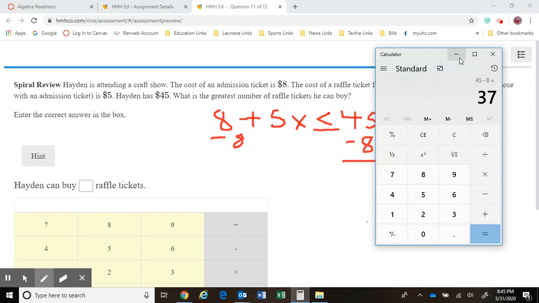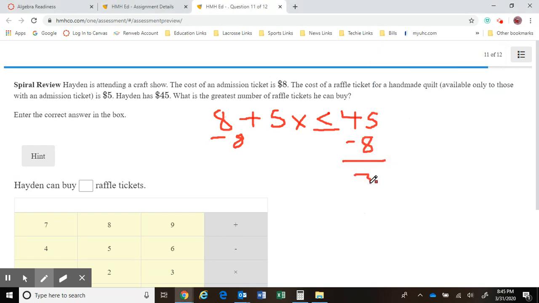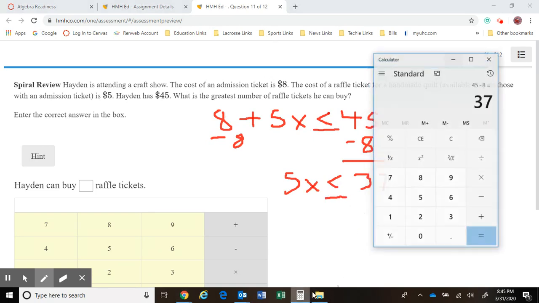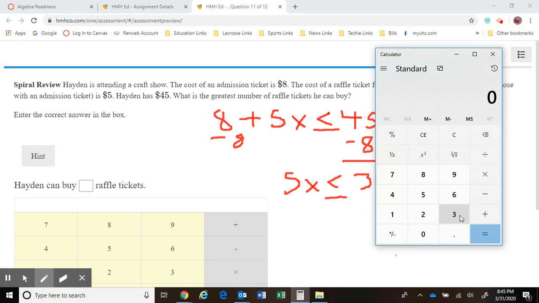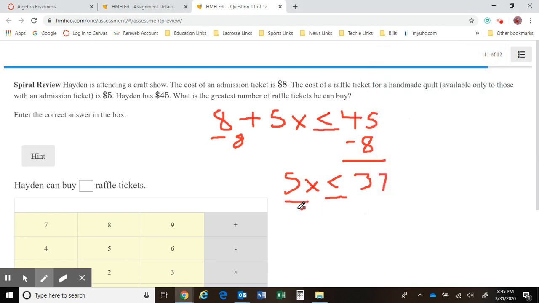So 5x is less than or equal to 37. I divide both sides by 5, and I get 7.4. So x is less than or equal to 7.4.